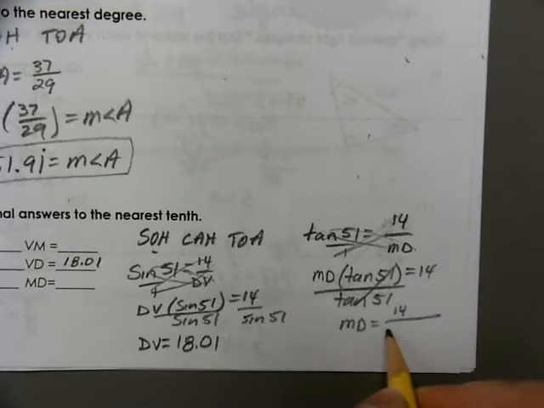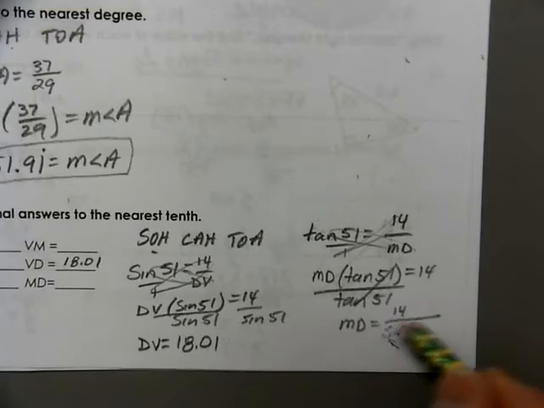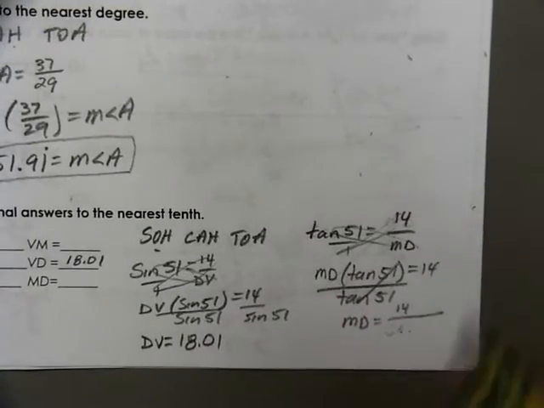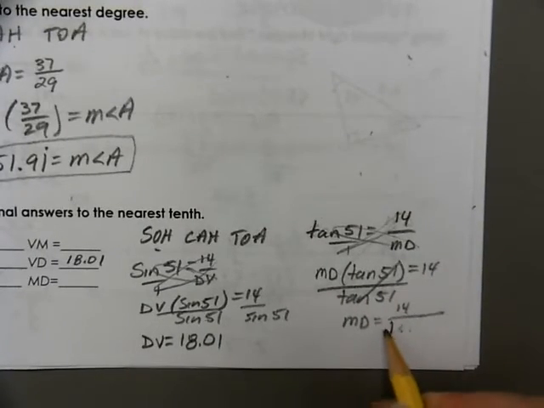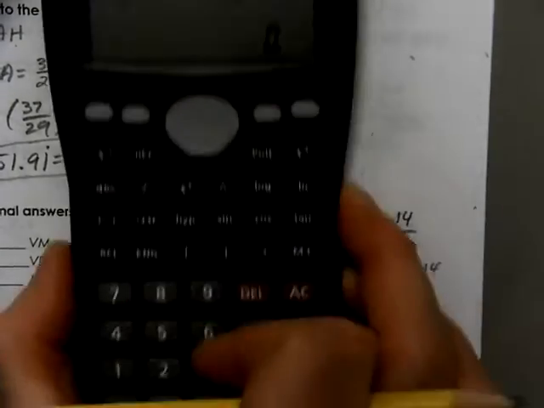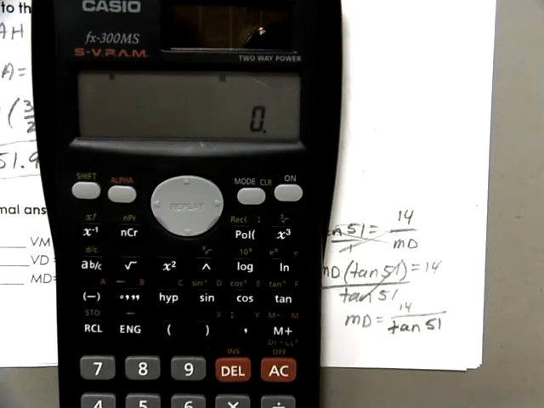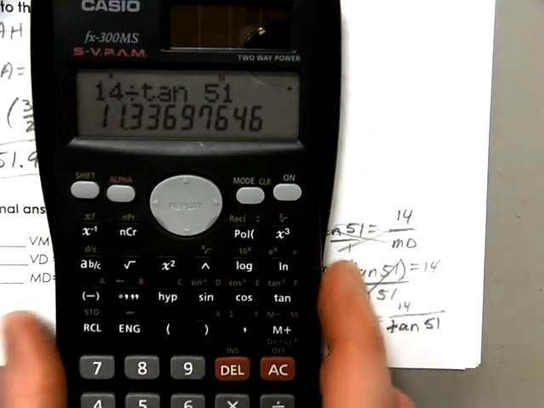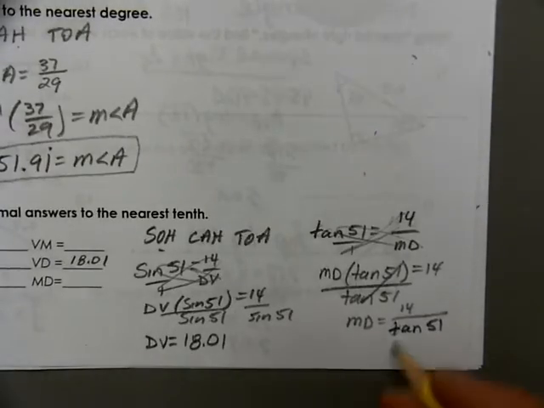So 14 divided by tangent of 51. Divided by the tangent of 51. 11.34.